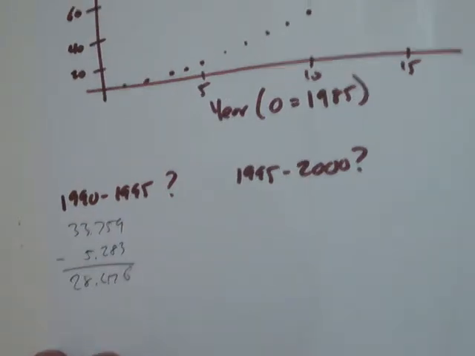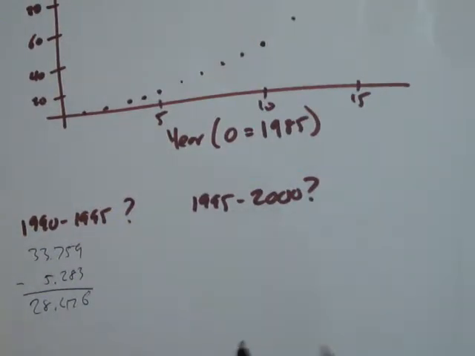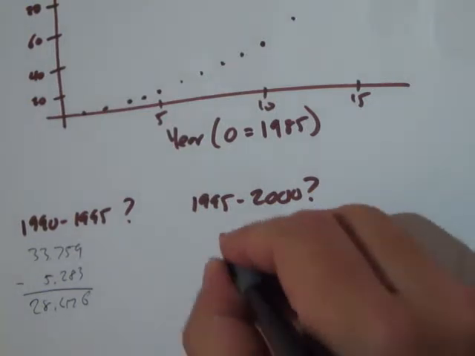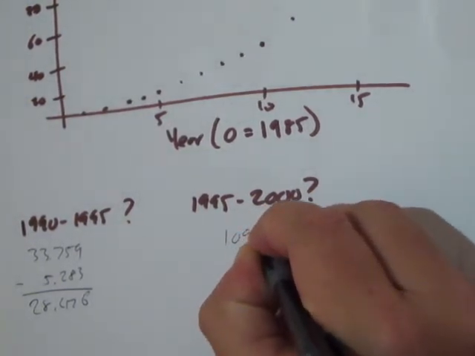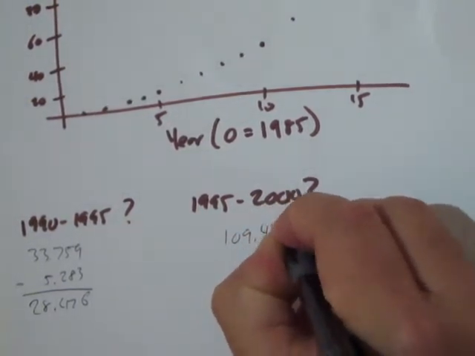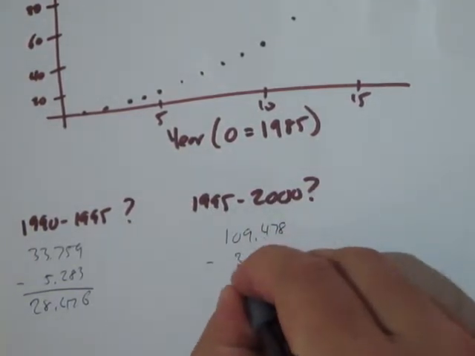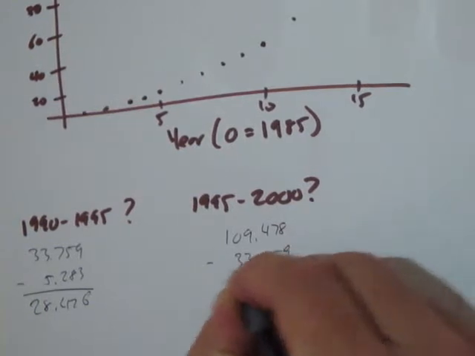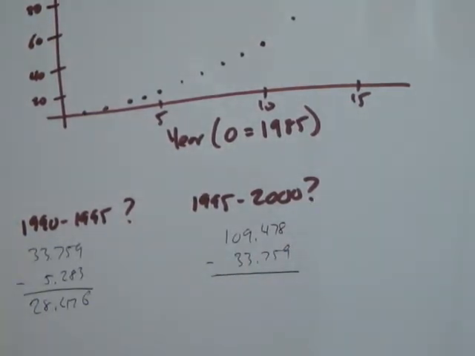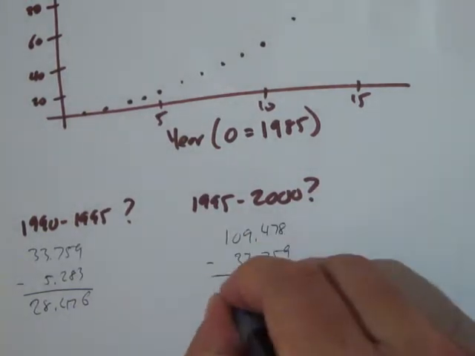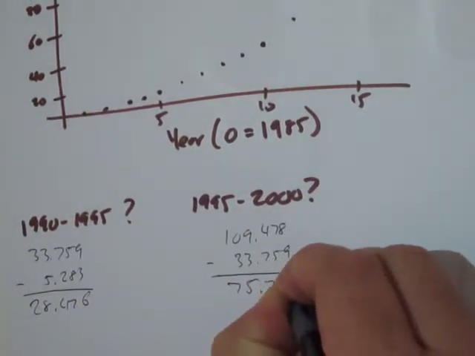All right. Now let's look at the increase from 95 to 2000. 2000 we said was 109.478. And then we'll subtract the 95 value, which is 33.759. Something tells me it's going to be a little more. 109.478 minus 33.759, and I got 75.719.